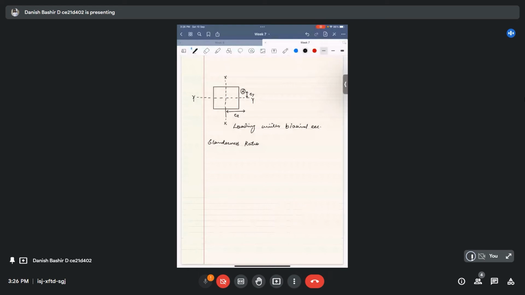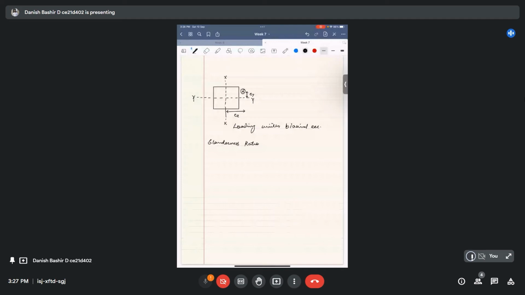It means that it will have large length like this, and its cross section will be small.